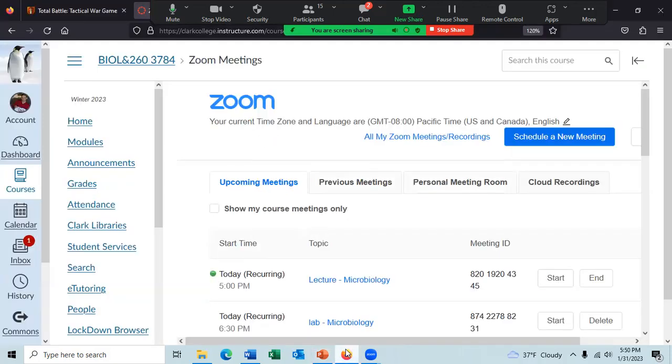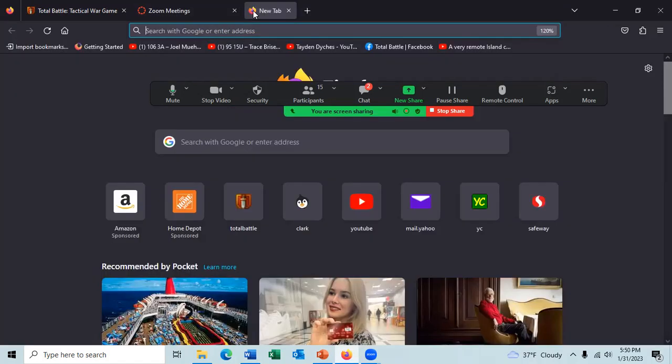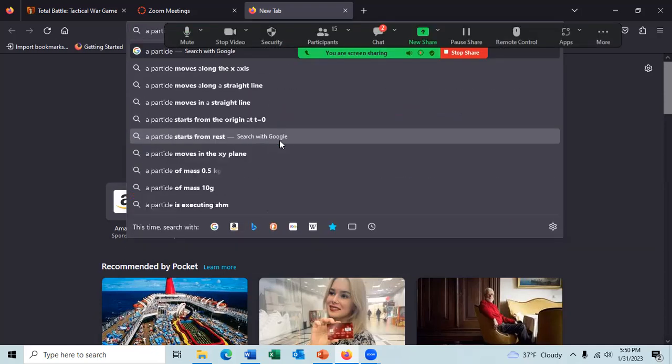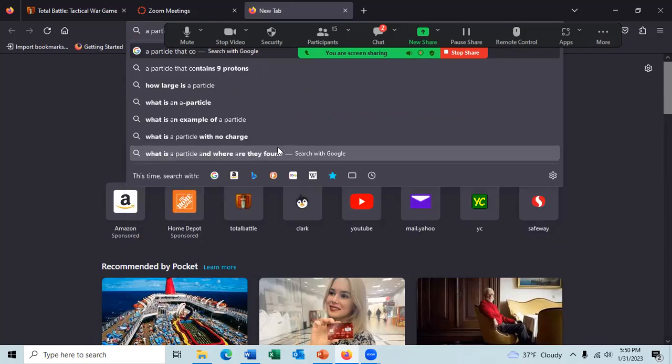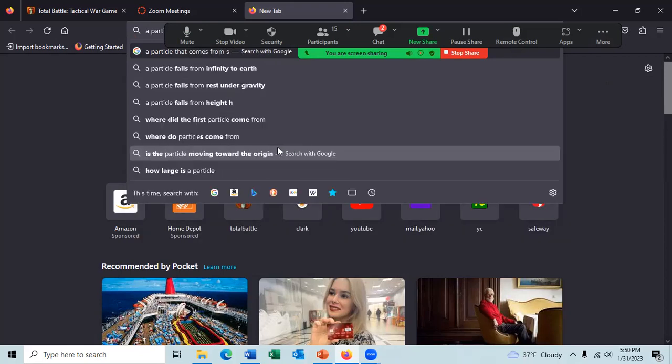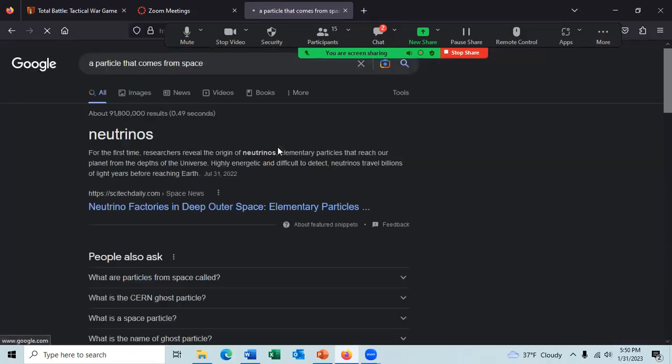What the heck is the name of that particle? Let me do a search online. I don't remember. Oh, I almost had it. It's not a radon particle. Cosmic particle, maybe? Well, not really neutrinos.